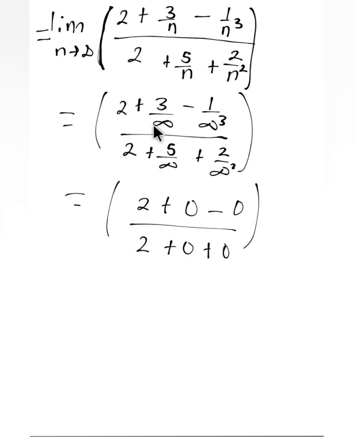All the expressions that have infinity in the denominator are equal to 0. So this gives us 2 over 2, which equals 1. So 1 is the limit, hence L is equal to 1.